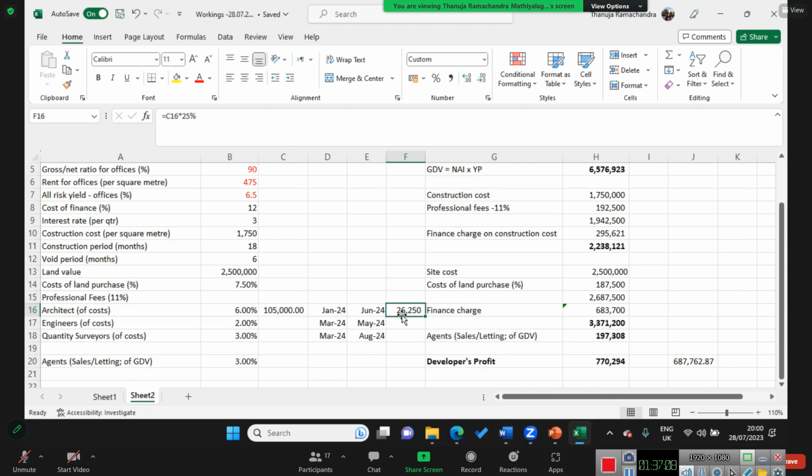And similarly, construction cost also, that 1.75 million, we will be making maybe like 4 installments throughout this 18 months, isn't it? Right? So not as half, what we did in this residual approach.